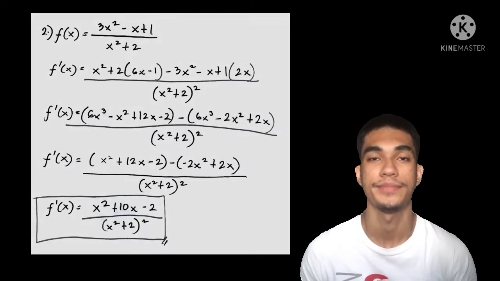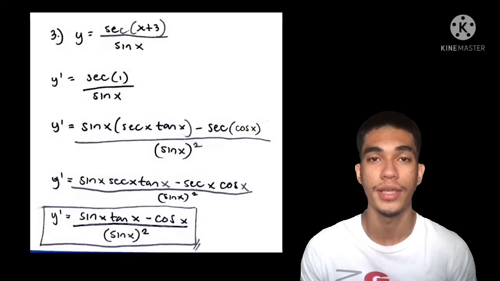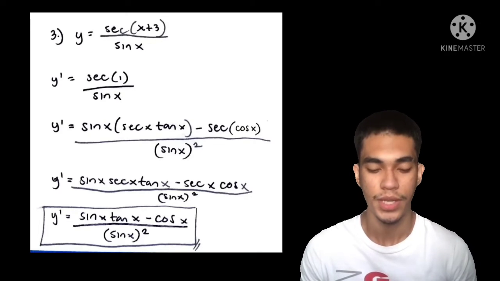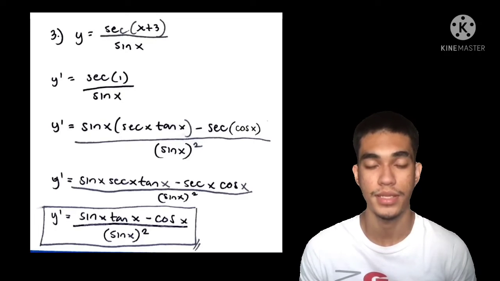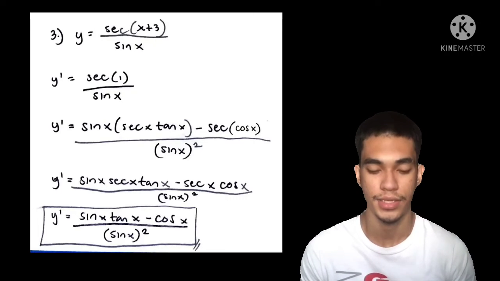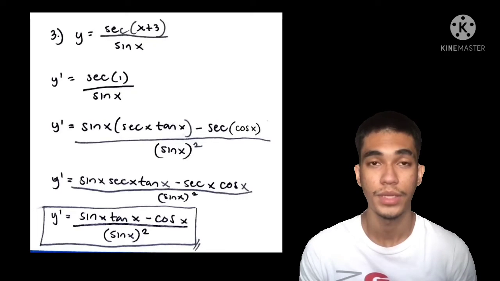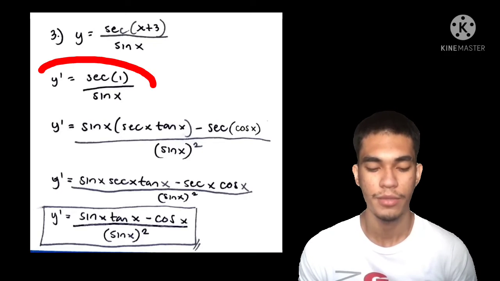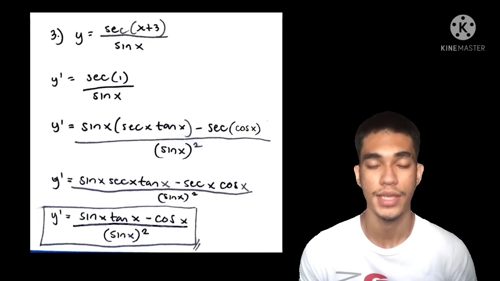So for our third and last problem for this topic, which is y is equal to secant of (x plus 3) over sine x. So what we are going to do is we will get the derivative of the x plus 3, which is 1. Then we have y prime is equal to secant times 1 all over sine x.